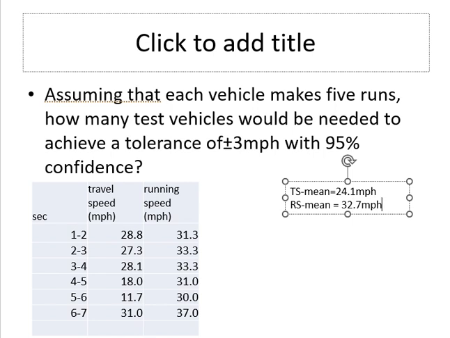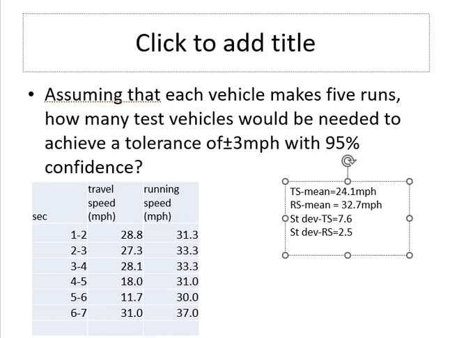Standard deviation for travel speed? How much? 7.7. Standard deviation for running speed? 2.5. All of them are in miles per hour.